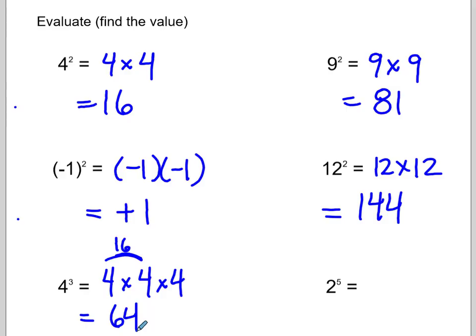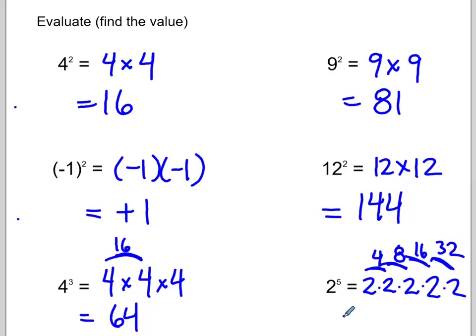Lots of answers will be 10. That will be incorrect. I'm just using dots for multiplication because my space is a little bit tight. So 2 times 2 is 4. 4 times 2 is 8. 8 times 2 is 16. 16 times 2 is 32. So the answer here is 32.